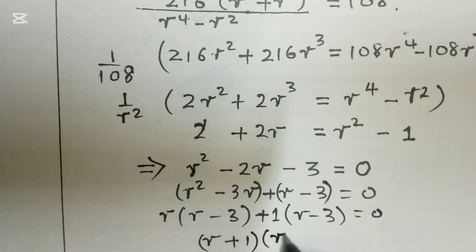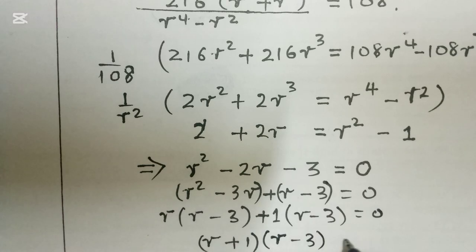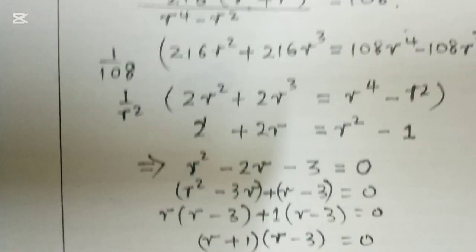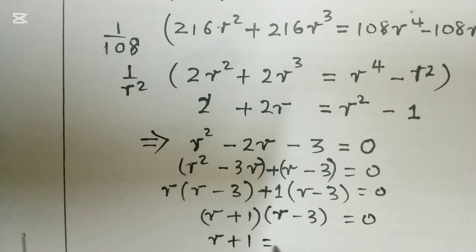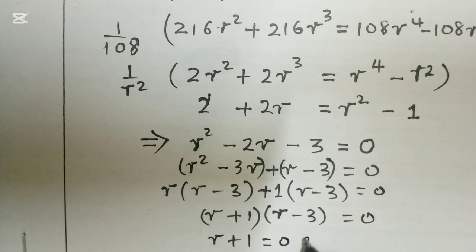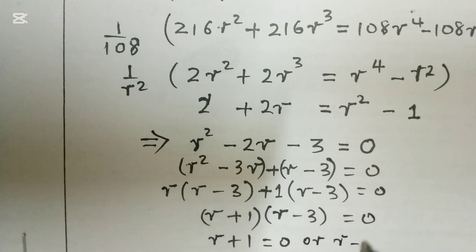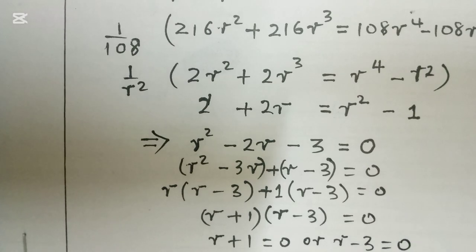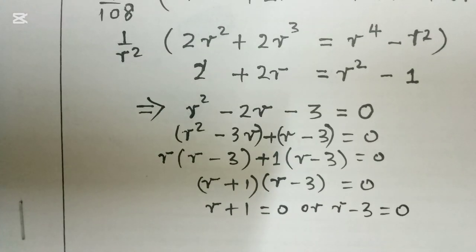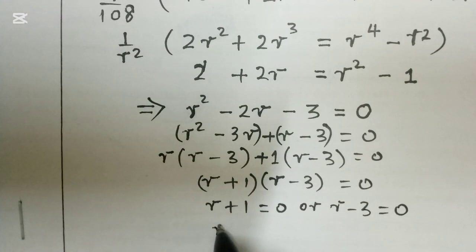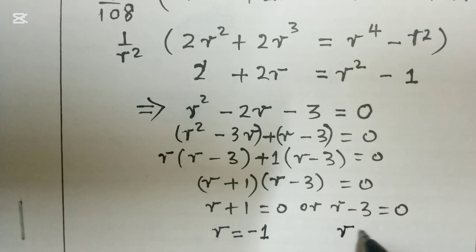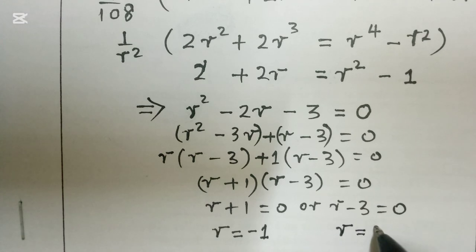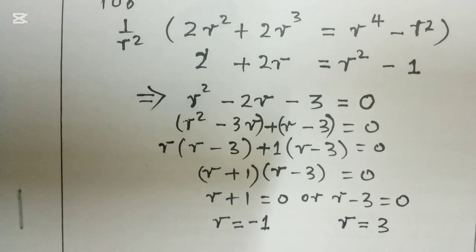Another factor is r minus 3. This gives us 0. So we shall have r plus 1 equals 0, or r minus 3 equals 0. So in this case, our r is going to be negative 1, and in this other case, our r is going to be 3, like that.